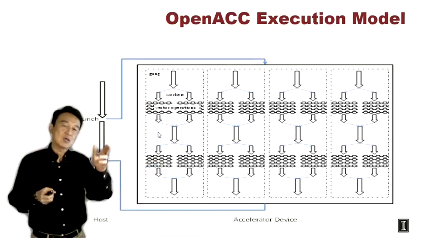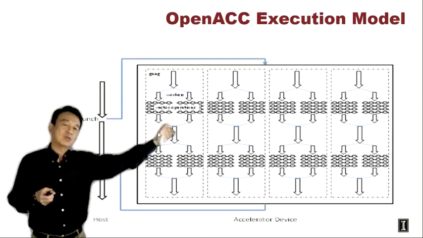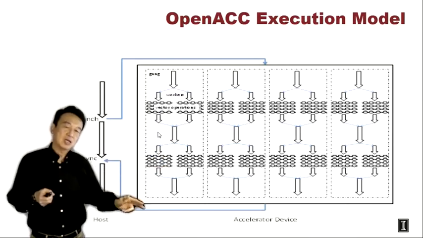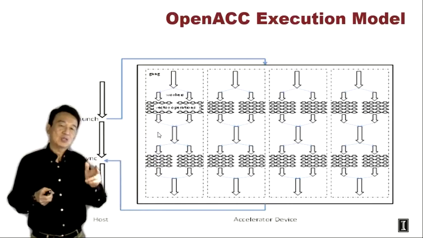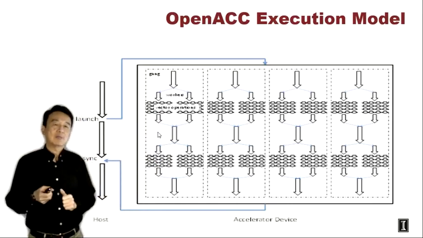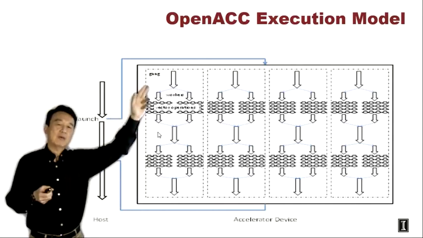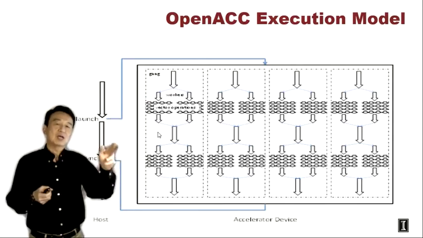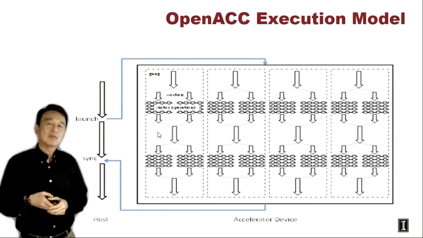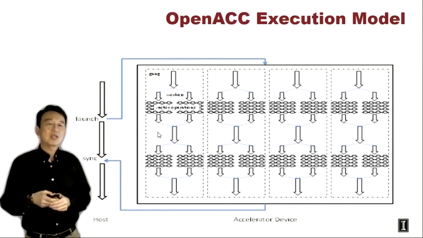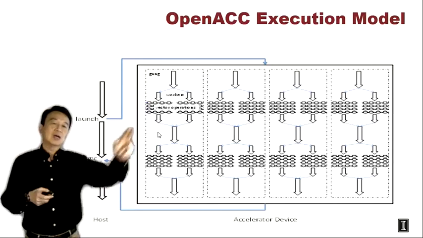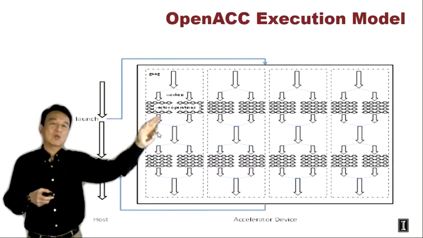If we do a synchronization instruction in OpenACC, then the host will wait for the device to finish this execution and converge back into sequential execution on the host. So all the data copy in and out will happen before and after the execution. This also corresponds to the OpenCL work groups and work items.